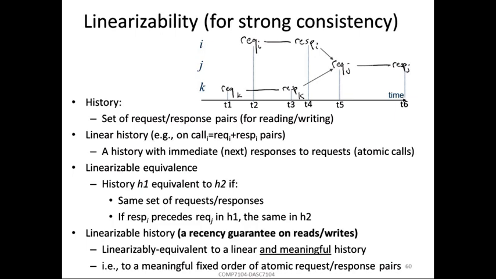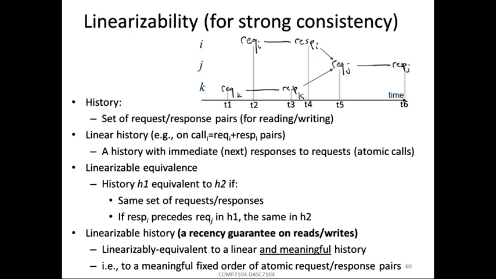So, for instance, if we look at our example history here, response I and response K both precede in time the request J. And so this history can only be linearizable equivalent to other histories having this property, following the same partial ordering between calls.